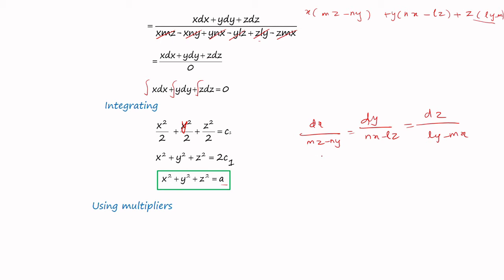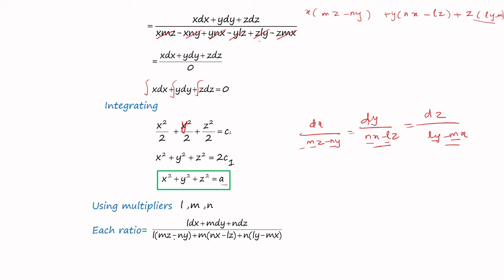Here we have to use multipliers. We already used the multipliers x, y, z. Here the other terms involve l, m, n, so we try the multipliers l, m, n. Here l is missing, here n is missing, here m is missing. So we use the multipliers l, m, n.